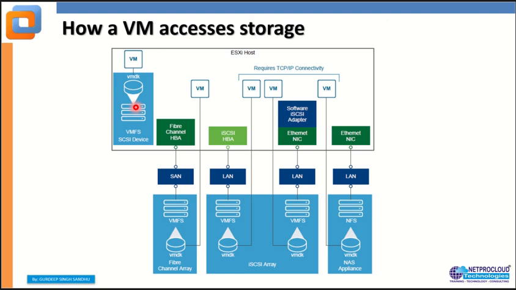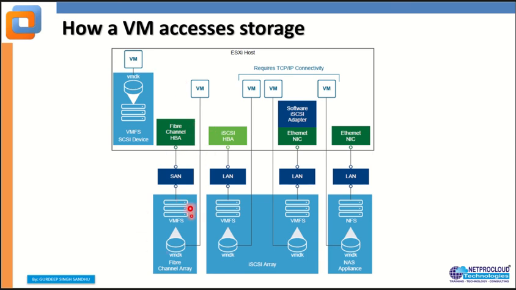Now let's talk more about this diagram. On the left-hand side, storage is present inside the ESXi box, so it's local SCSI storage. Virtual machine datastores are created onto this, and the VMDK is created on this. Now in the next diagram, we have Fibre Channel arrays, which are external storage.